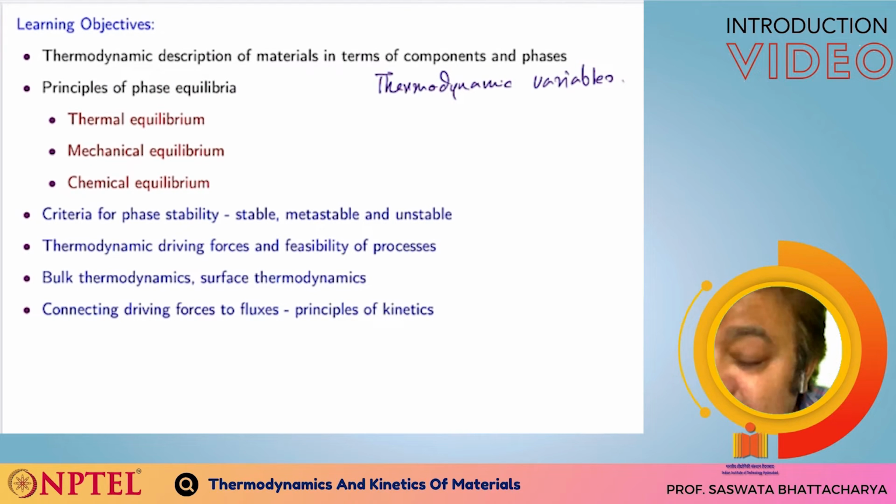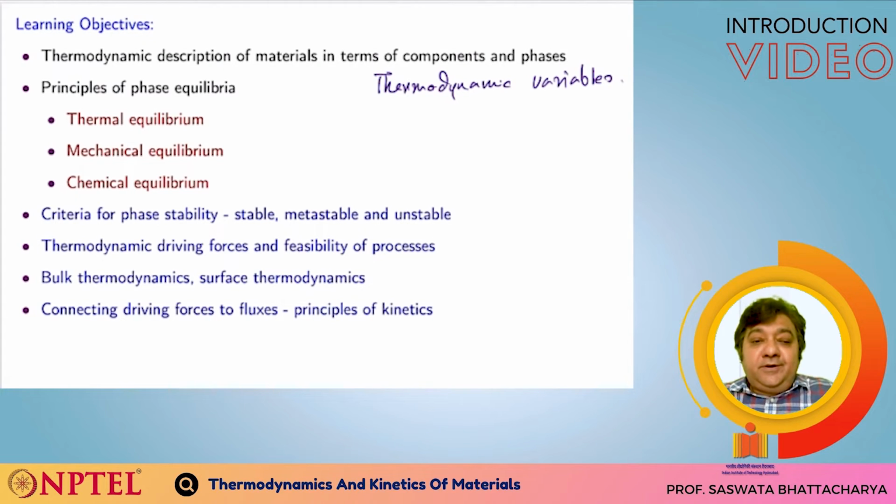For example, for thermal equilibrium, I can think of one block of copper at say 50 degrees Celsius and one block of copper at 100 degrees Celsius, and I put them together in contact. What will finally be the temperature of the entire system of these two copper blocks? Similarly, mechanical equilibrium is a condition where the sum of forces goes to 0.